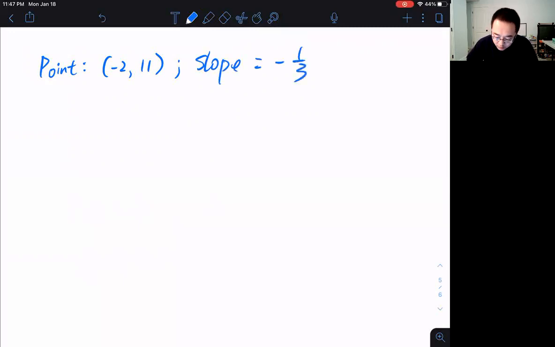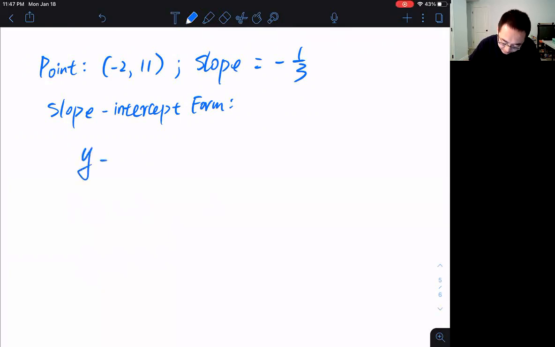I want you to give me the slope-intercept form of this equation. Since this point is not your y-intercept, the easiest way is to start with the point-slope form. So my equation is y minus 11 equals -1/3 times x minus -2, which is x plus 2.